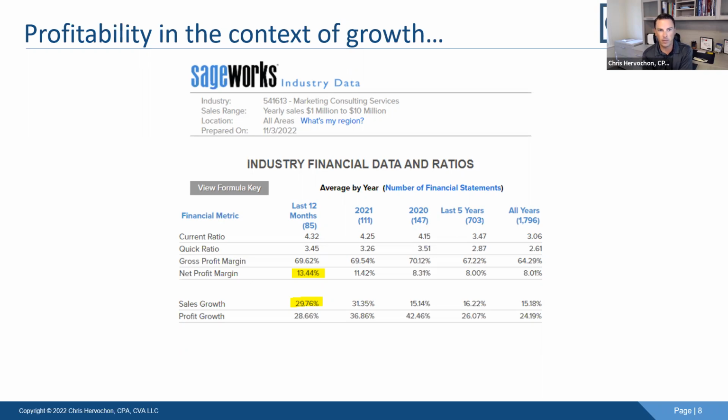Net profit margin. So on average, we're looking at 13.44% for the last 12 months. That is a little bit lower than what we typically see with our agencies. We see a wide range, of course, but generally what we tell our agency clients is that you want to be somewhere north of 15, generally speaking. But every agency is different. Everybody's circumstances are different. The other number I want to point you toward is sales growth.